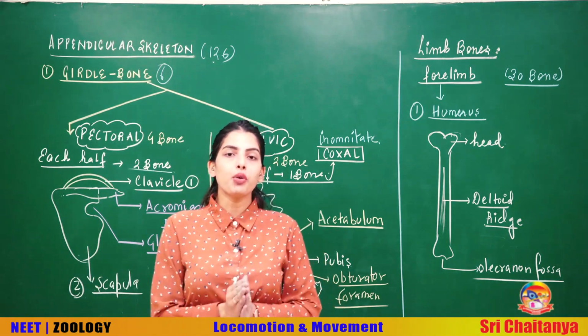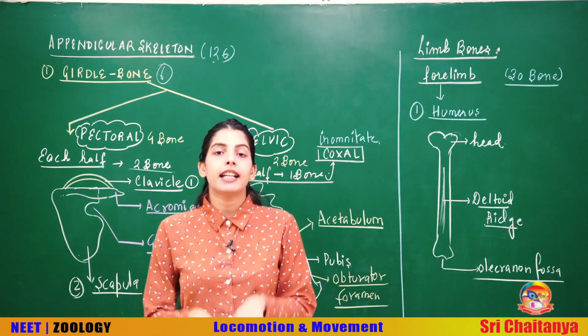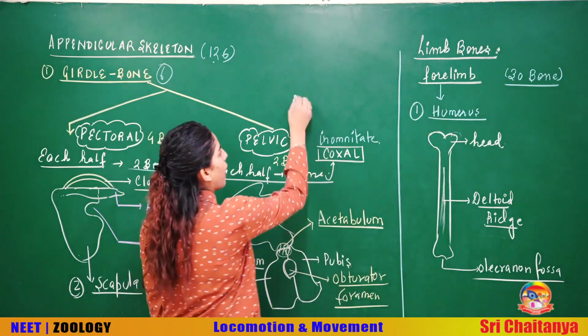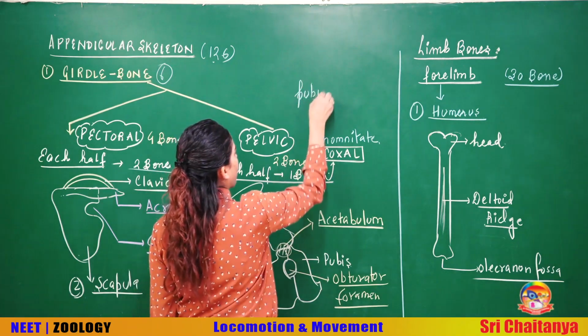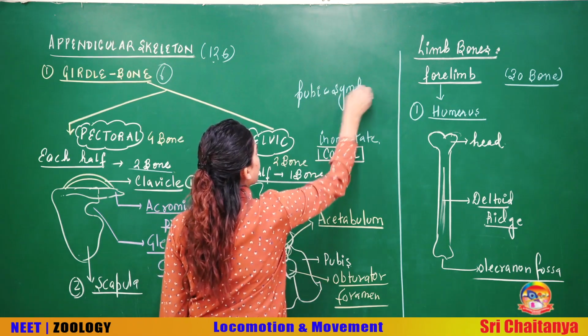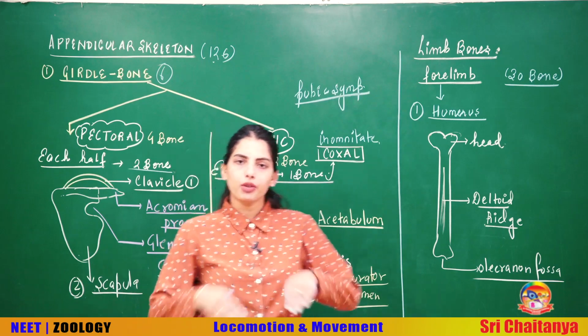Each half is fused on the ventral side. Remember that with the help of the pubic symphysis, you know that pubic symphysis is a cartilage, the coxal bones are fused ventrally.